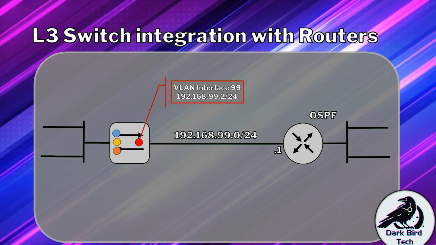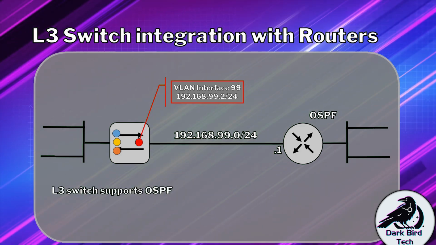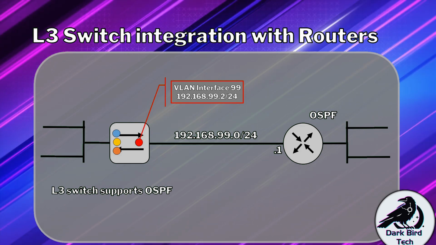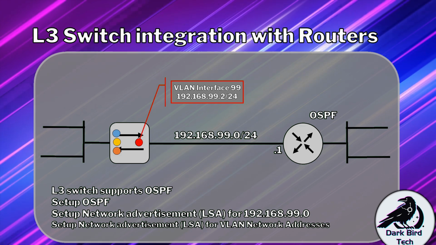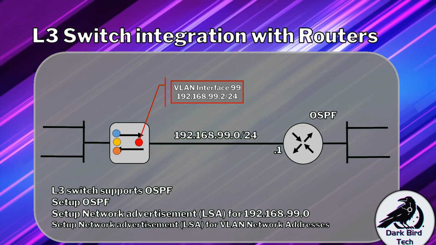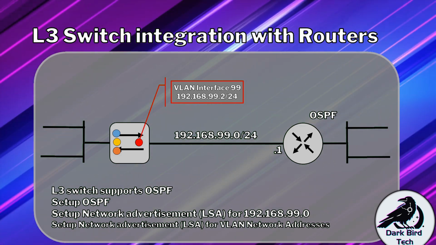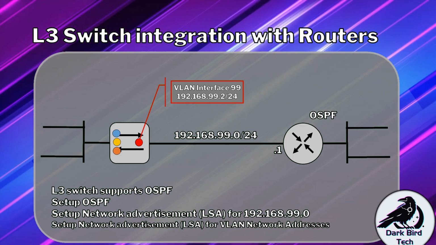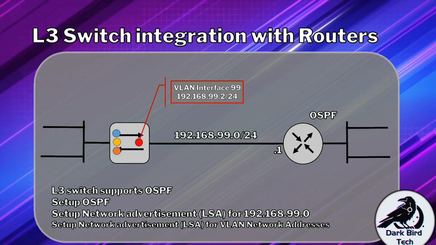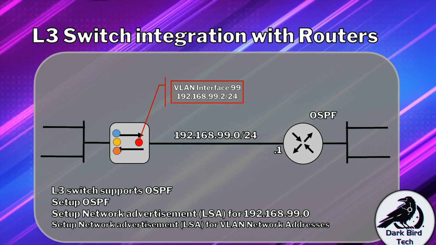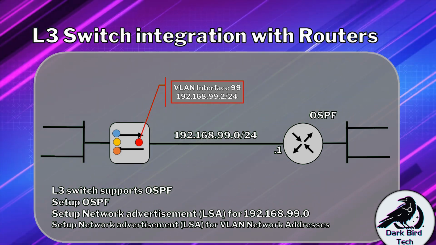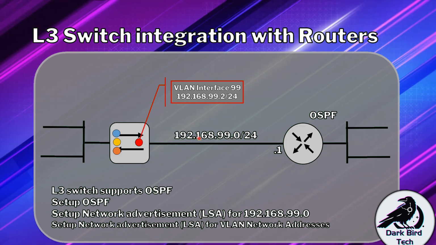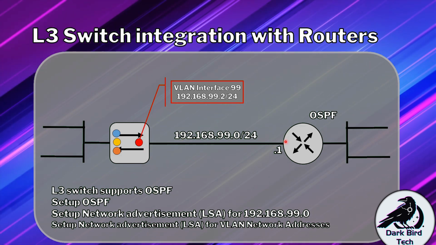If you're using a good layer 3 switch, it should support OSPF, which means I set up OSPF as I would on a router. I set up network advertisements, link state advertisements, for network 192.168.99.0. That should allow the network advertisements to travel back and forth, and that VLAN interface and that router will discover each other.